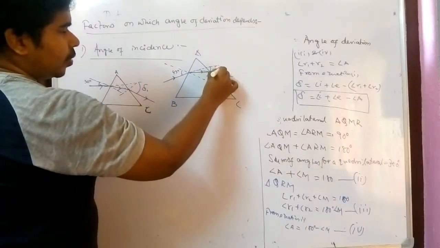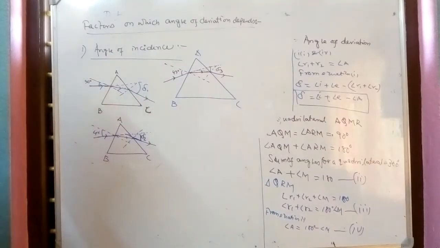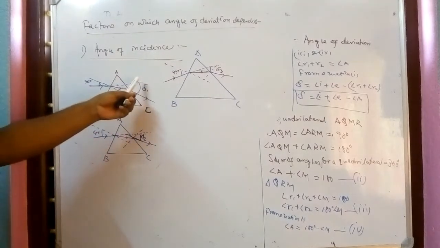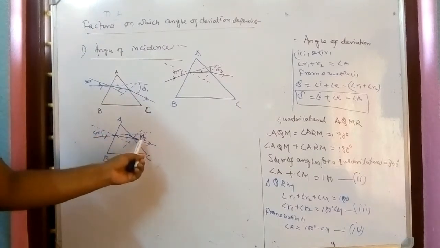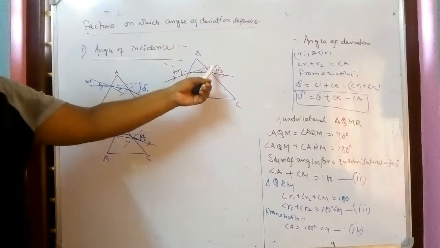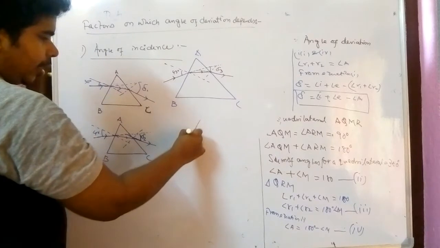Now you see your delta 3 is much less than delta 2. In the first case, the delta is more. If you increase the angle of incidence, then delta is less. With more increase, the delta decreases much more. Now we have to see another angle of incidence.